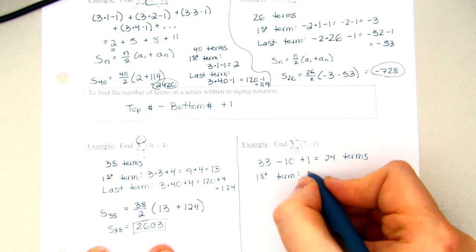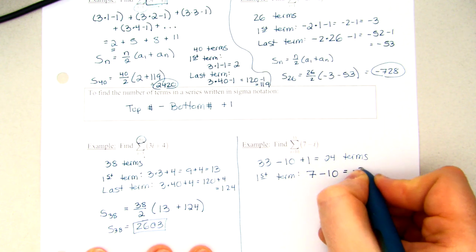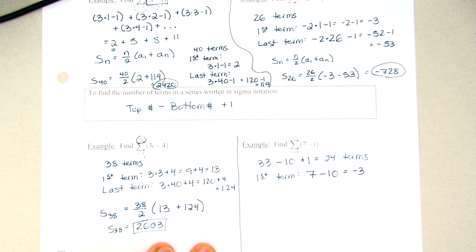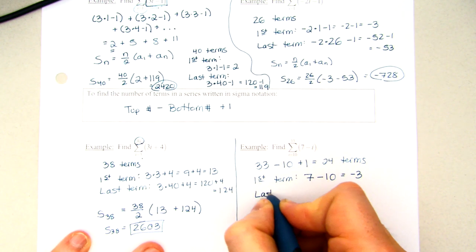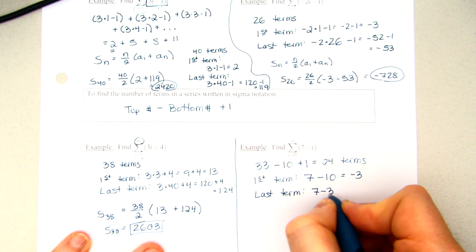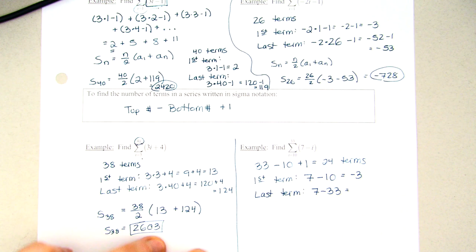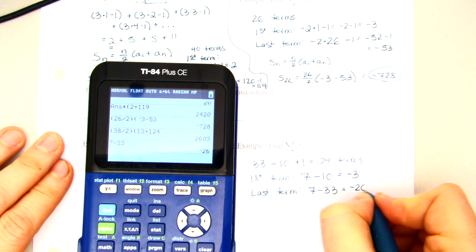The first term should be 7 minus 10. The first term should be negative 3. Go find the last term. 7 minus 33. The last term should be negative 26.